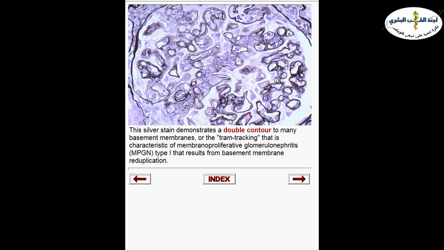We have two lines. That's why we call it double contouring or tram tracking, because it resembles the track of a tram. Double contouring or tram tracking is seen in MPGN type 1 because of splitting and new membrane formation at the glomerular basement membrane.